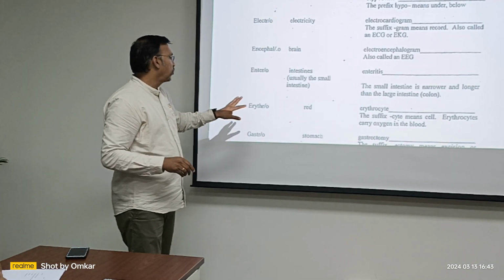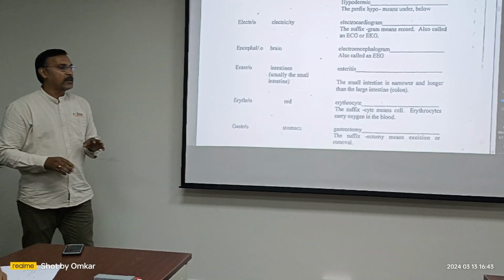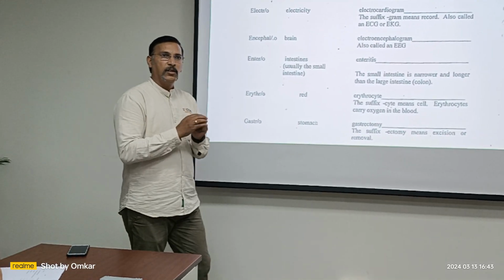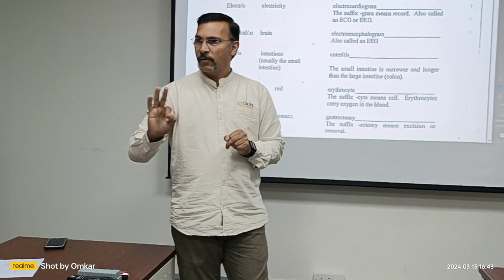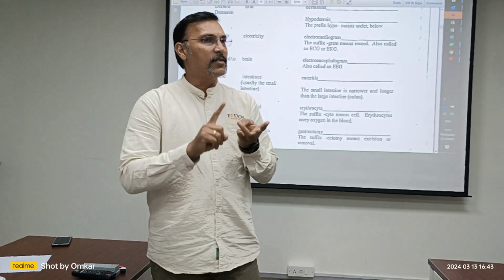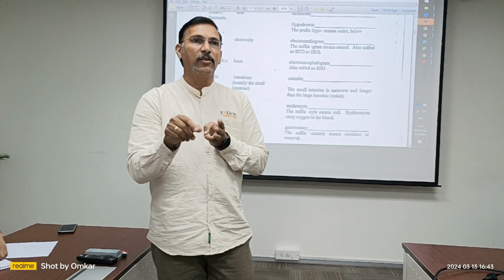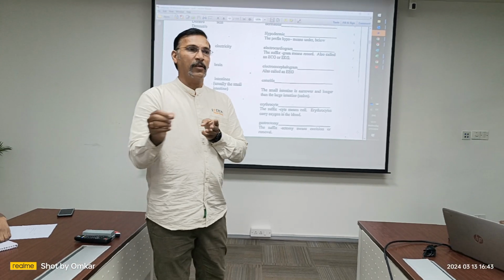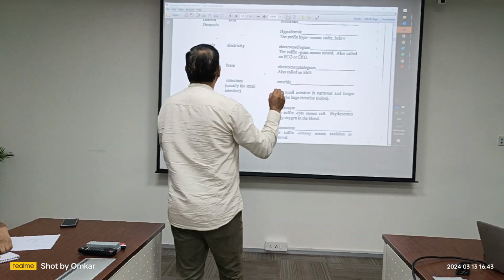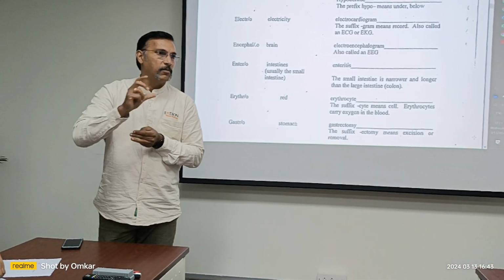Now, the next word is erythro, which means red. Whenever you talk about cells, always talk about 3 cells, for now, for your understanding. You have red blood cells, white blood cells, and the third one? Platelets or thrombocytes. RBC, WBC, you can write both.